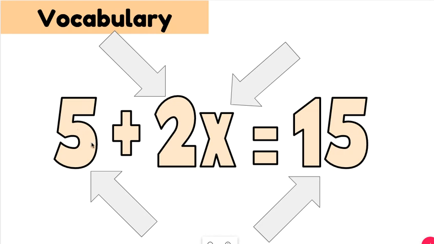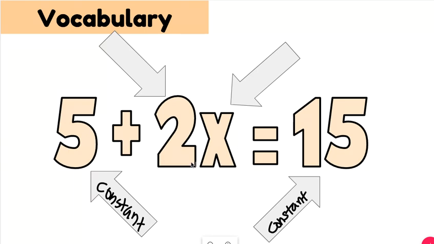These two numbers that have no variable being multiplied are both called constants. Remember, the constant is a number that's never going to change. No matter what the value of x ends up being, 5 will always stay 5 and 15 will always stay 15.